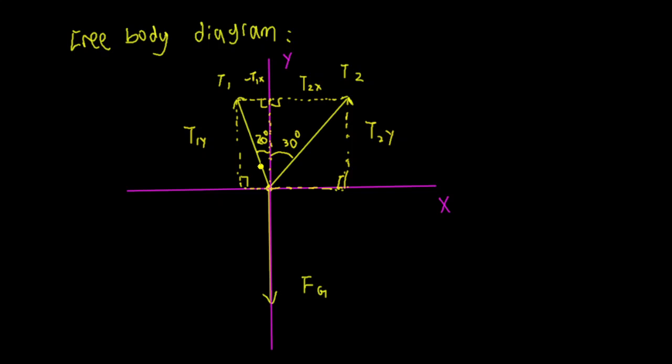Sine 20 degrees is equal to opposite over hypotenuse. So to get the opposite side, you have to take the hypotenuse times sine of the angle to get this component.